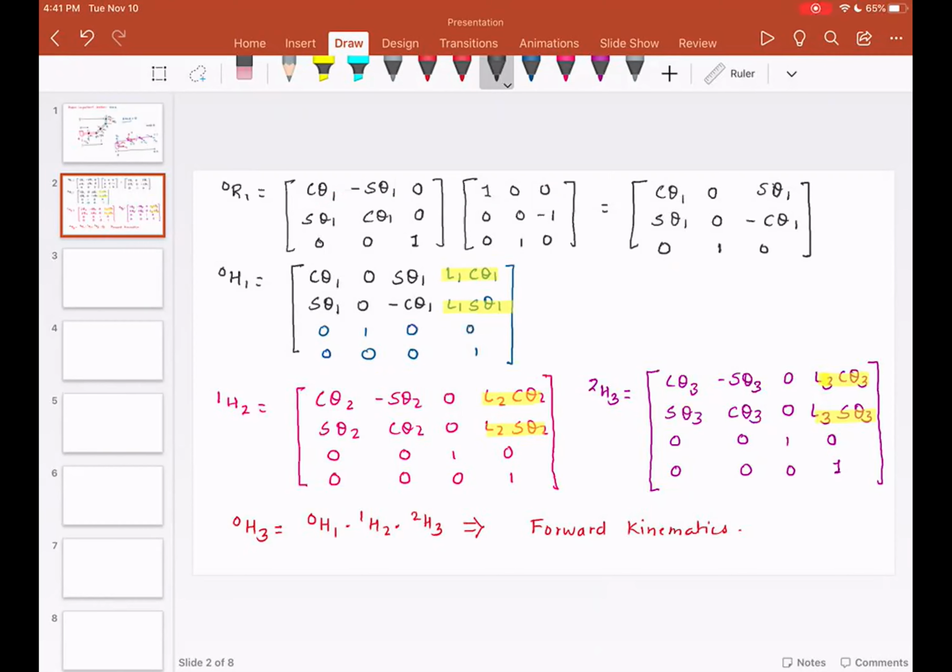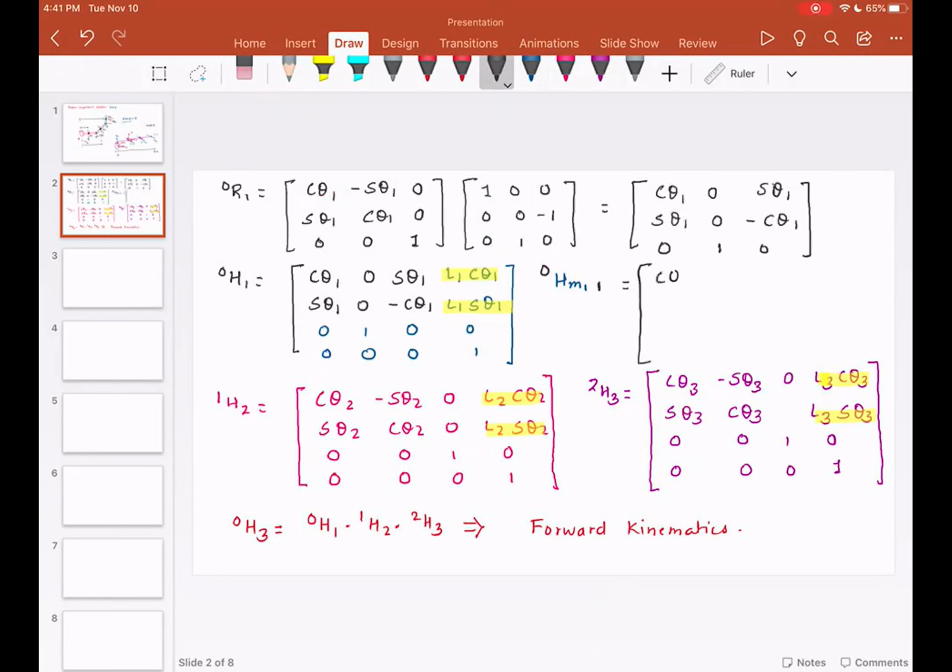Now, please follow this carefully. If I want the distance to m1, I'm going to call this, let me look at my sign convention, just a second, HM1, 0HM1. And why is it HM1?